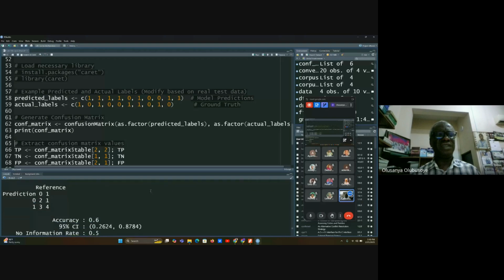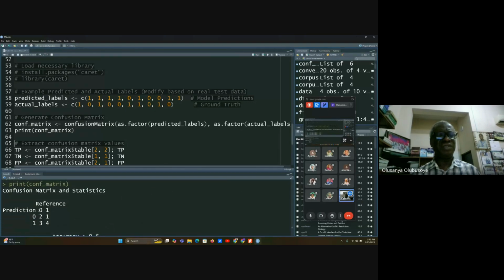So this is the confusion matrix. This is when it is negative, 0, and this is when it is positive. The one on top represents the actual negative, actual positive. This is predicted negative. This is predicted positive.